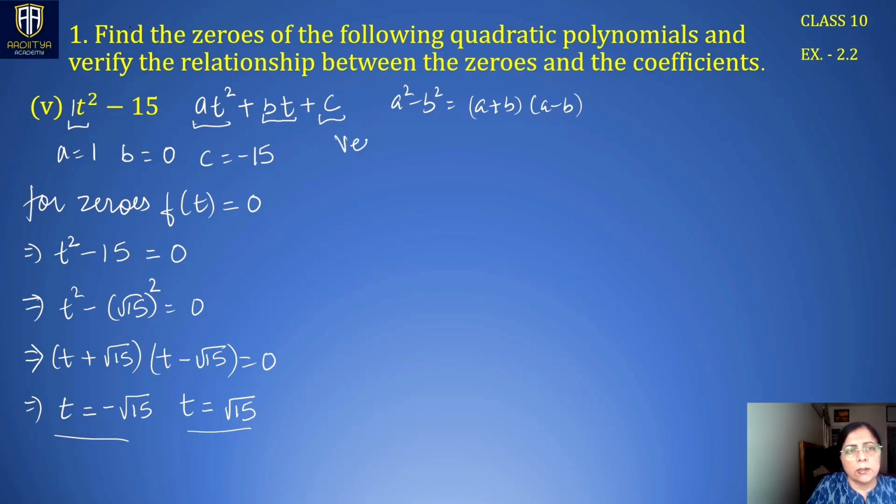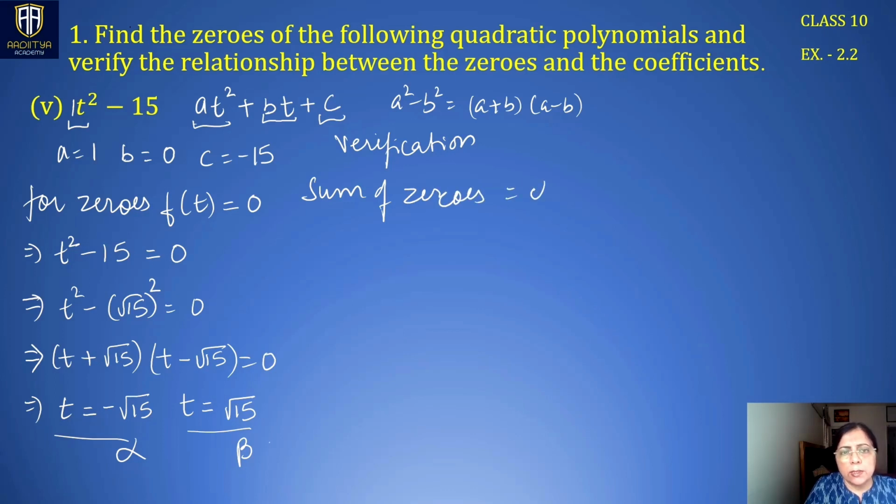So now we go for the verification part. For verification, we can take either of them as alpha and the other one as beta. So verification means sum of zeros is equal to alpha plus beta. We have alpha as negative root 15, beta as positive root 15. The sum becomes 0, right? And this has to be expressed as minus b over a. So we can see in this polynomial the coefficient of t is missing.